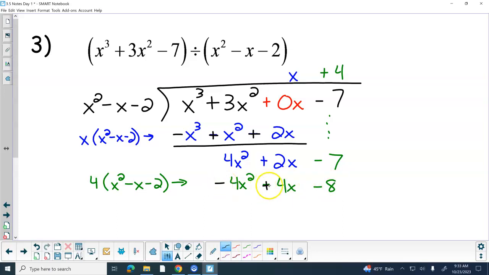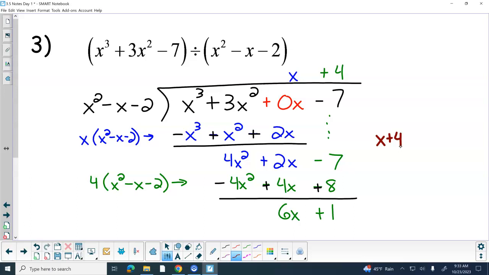Change all the signs. Leaves me with 6x plus 1. Can't make x squared be 6x, so then we're done. And it's just the same. We write down what's left over up top here, which was x plus 4.